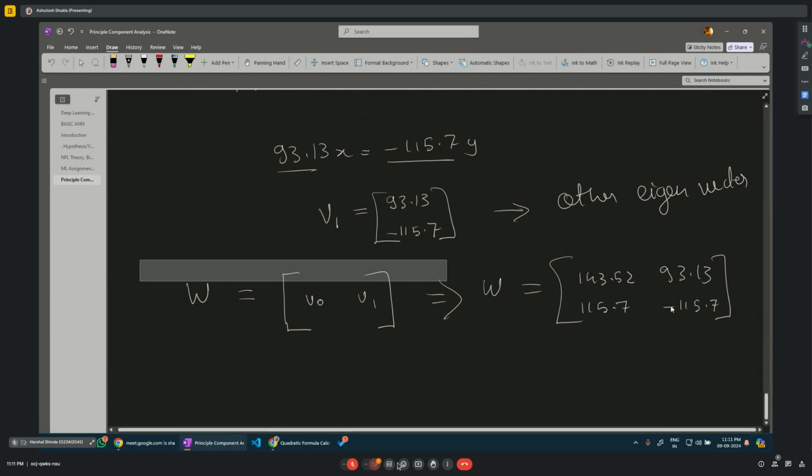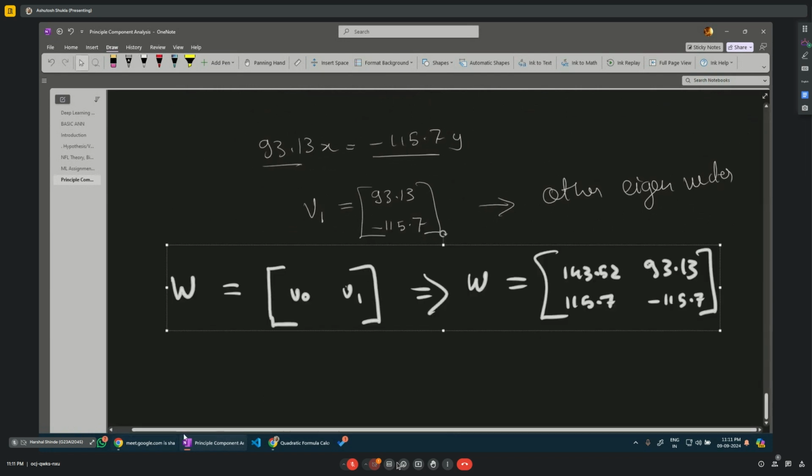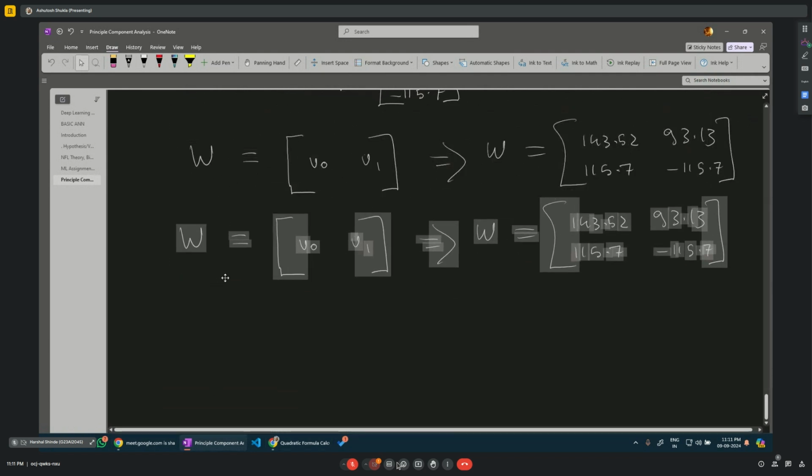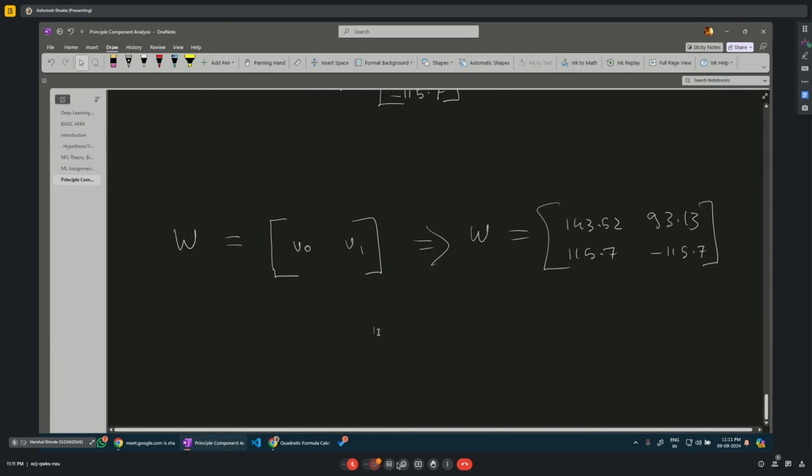So now I'm going to move this down a little, because I forgot to write the heading: transformation of data. Okay, and this is the transformation matrix.